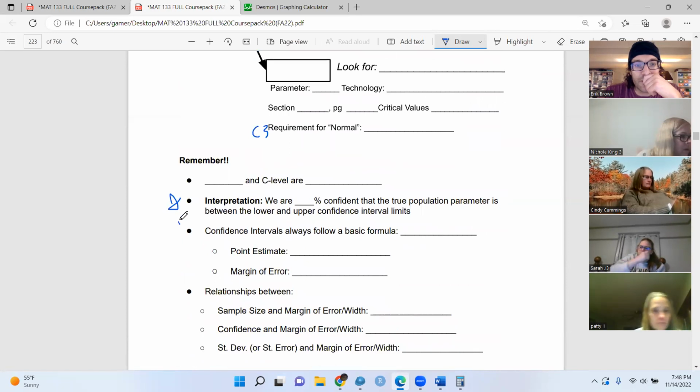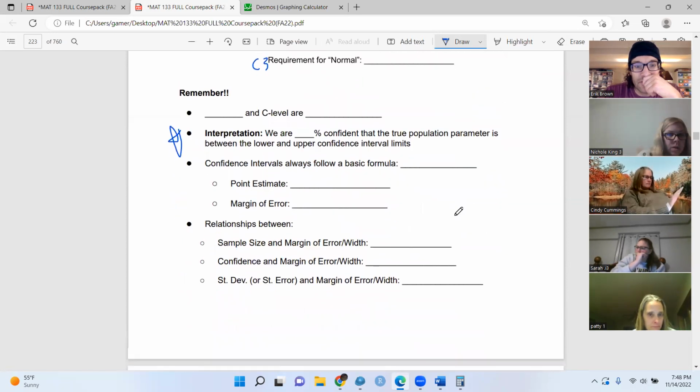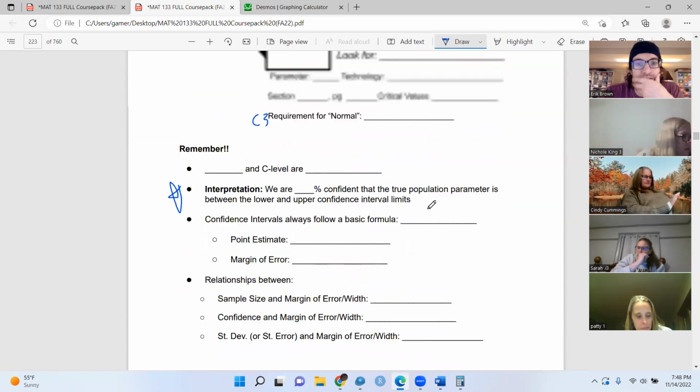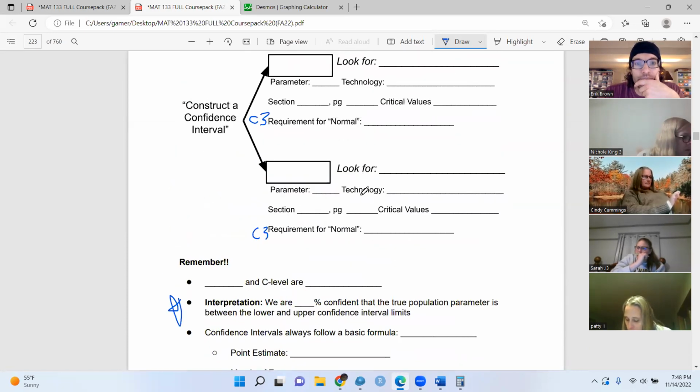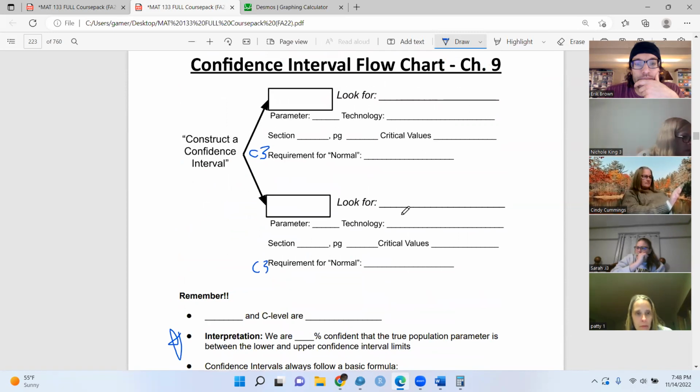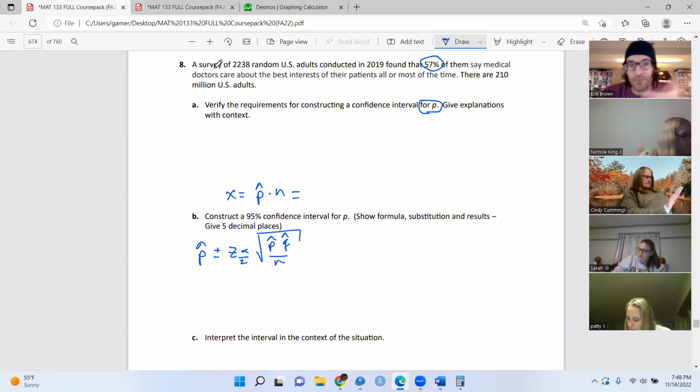Look, here's the interpretation. Look at all these things on here. So I guess the one thing it's not giving us is how to find X. Whichever one of these made the normal, you should include that little formula there, that X is p hat times n. A lot of students just think, it's 57% of the sample size, because you're comfortable with percentages. If you're not, no worries. Make sure you do that.